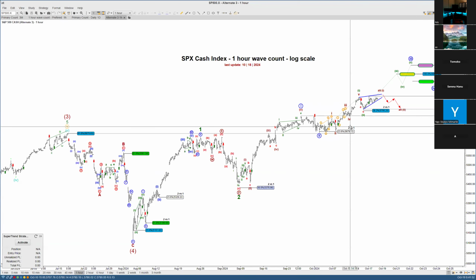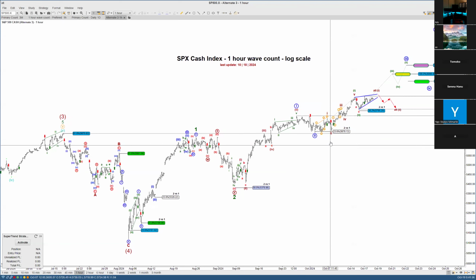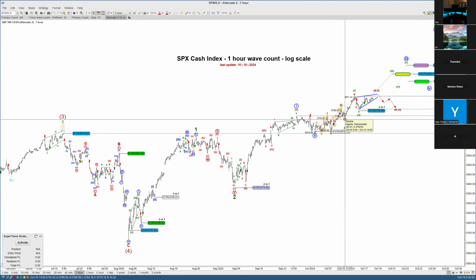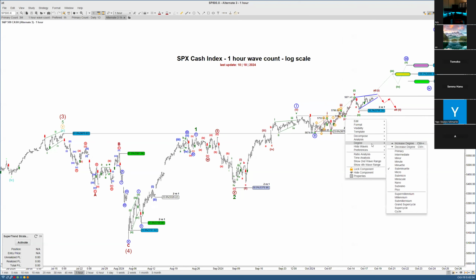I mean, I'll make this wave count for everyone who wants to see it. But counting these smaller waves, these degrees right there, this sub-micro, micro, sub-minute, and minute, and this minute, good luck.